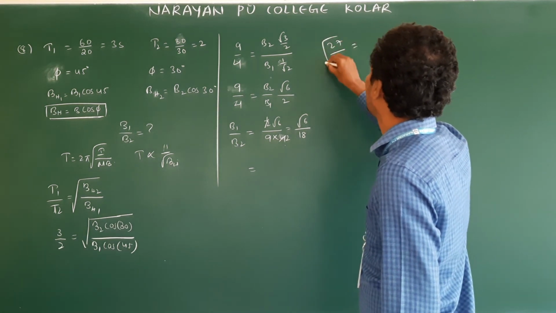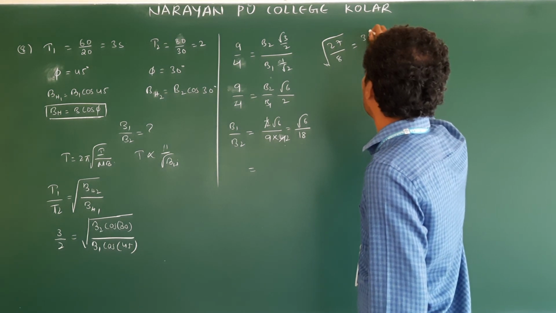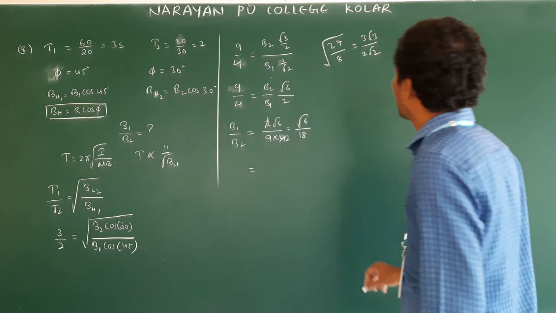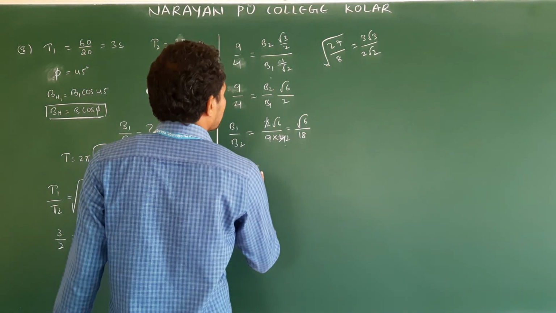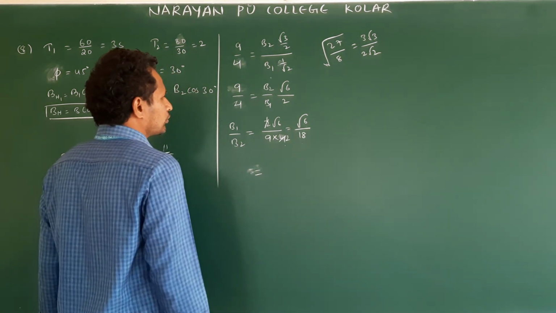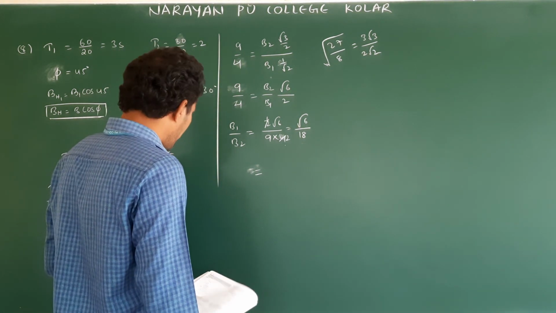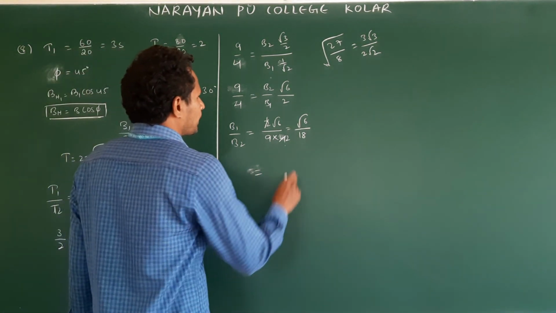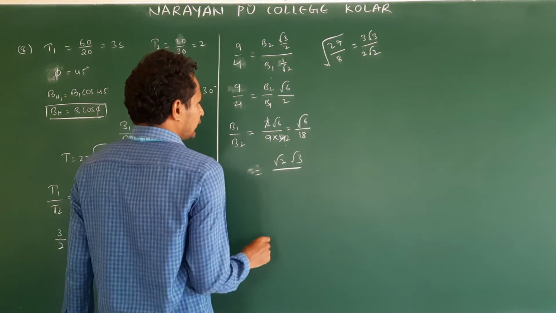How do we write this? 27 is 3 root 3. So here it is possible. Root 2, root 3, this I can write.